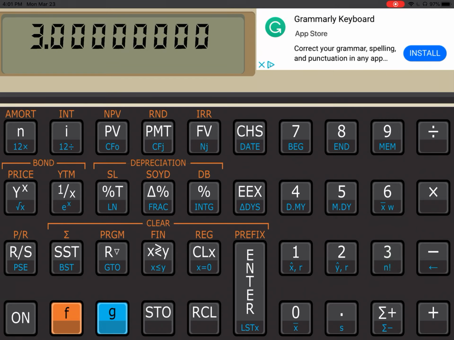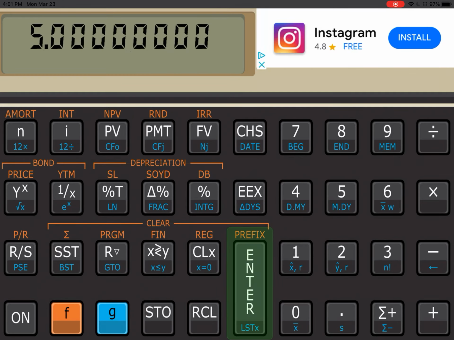3, enter, G square root would give you the same thing. So 5, enter, G square root would give you the square root of 5, and likewise. Obviously, those are some things that you need to be aware of.